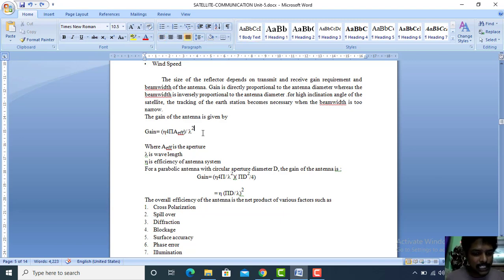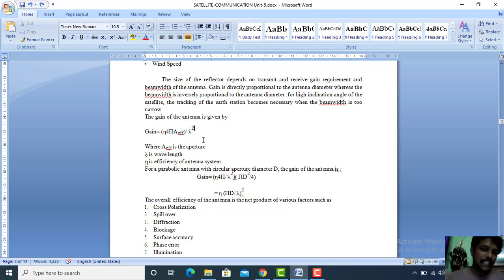Okay, originally we would be deriving this, but the derivation has been done, and he has given you the gain of the antenna, which has an effective aperture area, the product of your efficiency and the area covered.